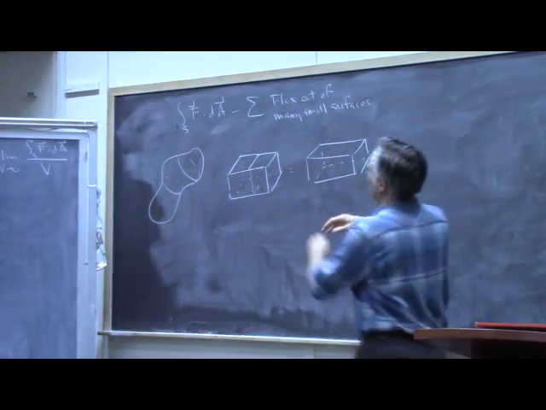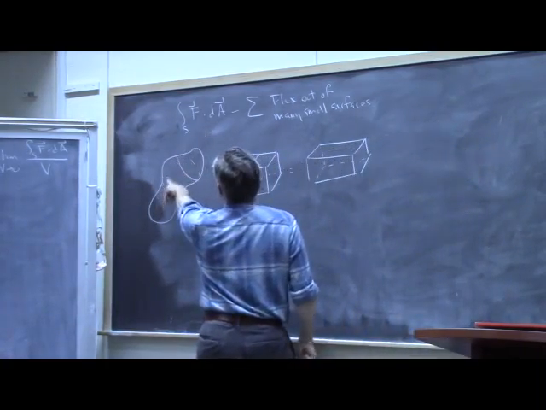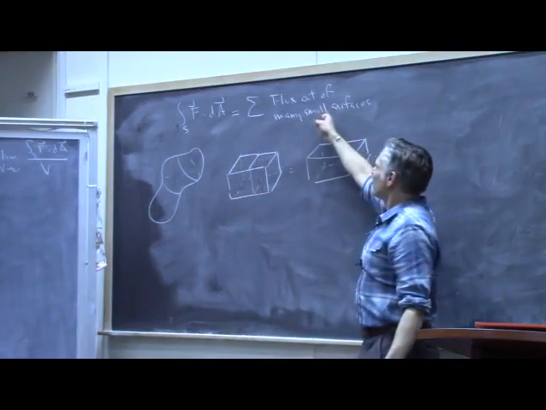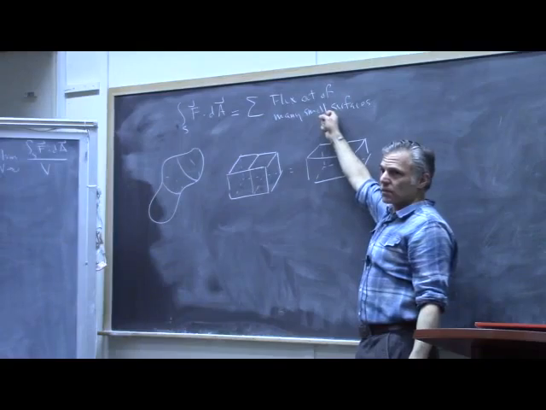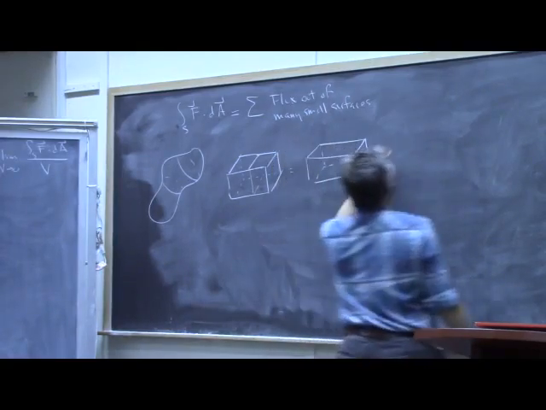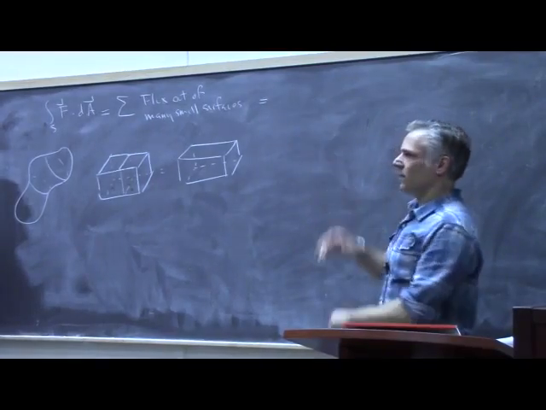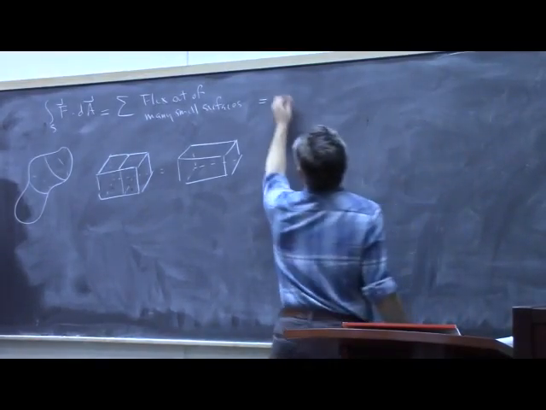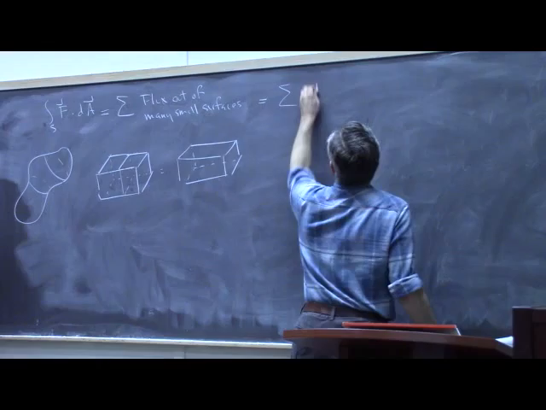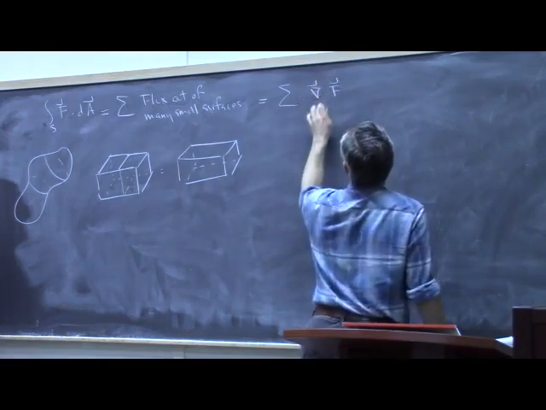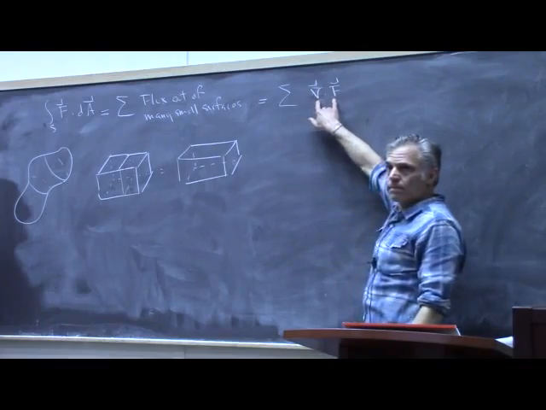And so we could take this entire big surface and express it as a sum of the flux out of many small surfaces. And why might we want to do that? Well, we know how to think about the flux out of many small surfaces, because that's the divergence. I guess I'll write it this way. Divergence is flux density.